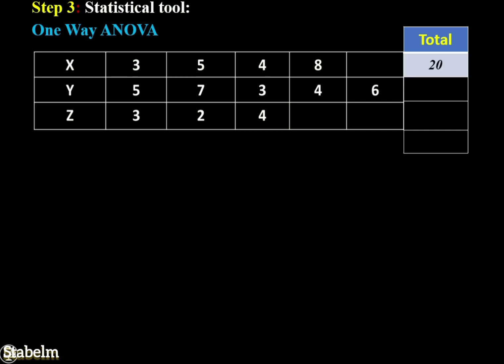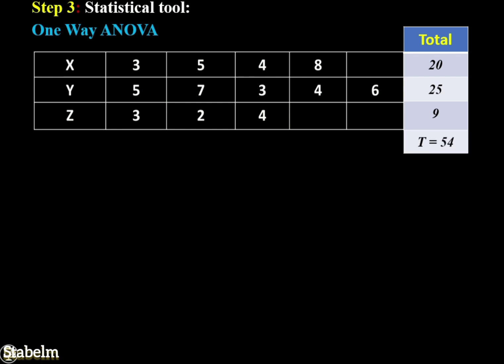For group 2, 5 plus 7 plus 3 plus 4 plus 6, we are going to have 25. And for the last group, Z, we add 3 plus 2 plus 4, and this gives us a total of 9. Now we add all this together, 20 plus 25 plus 9, and that gives us the grand total of 54.